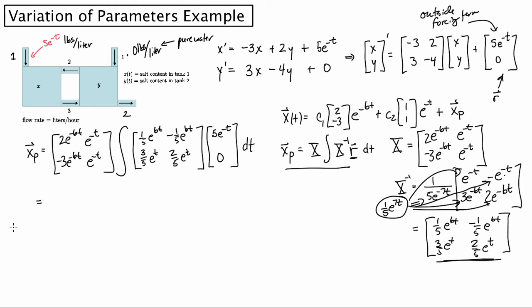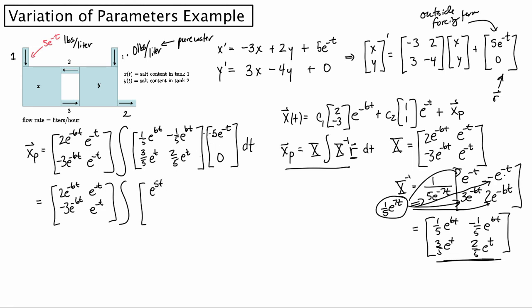And so, looking at this, we'll take it step by step. We're going to do the multiplication step first, multiplying the matrix and the vector. If you multiply those two together, what you'll end up with is e to the 5t.